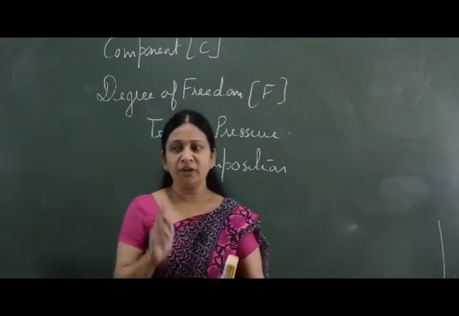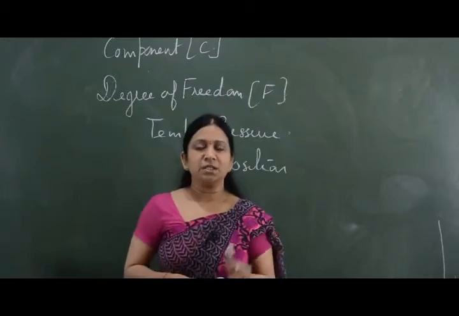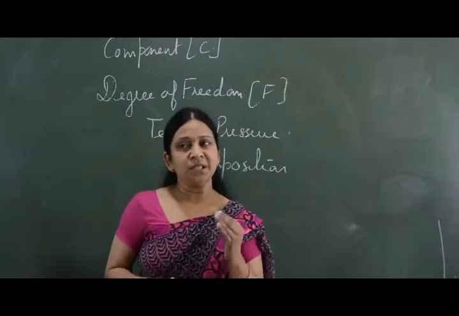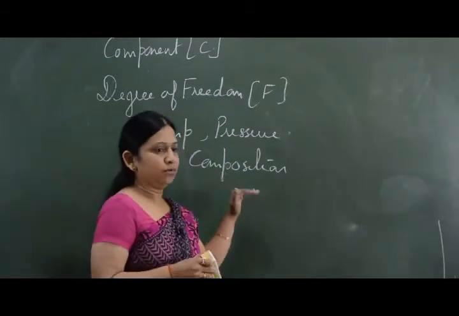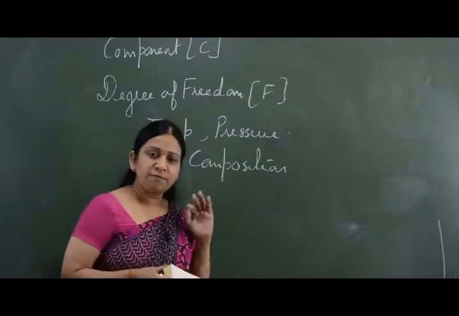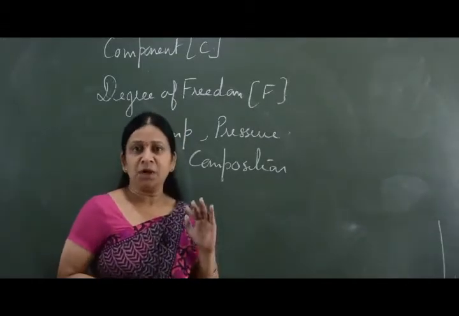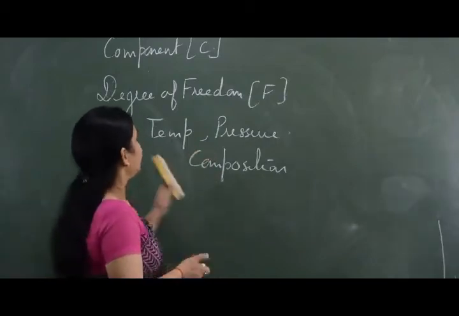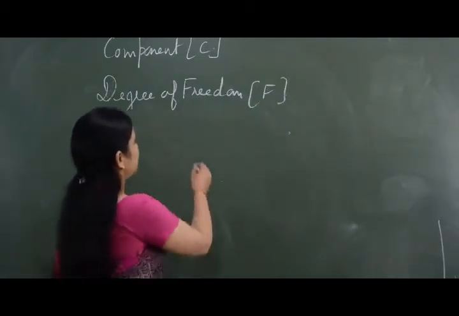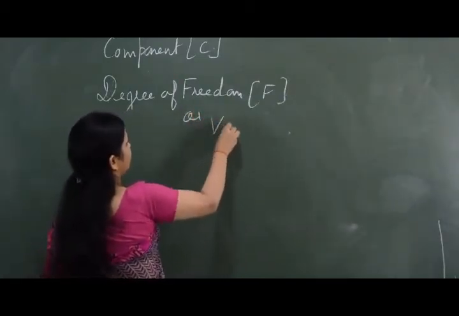So degree of freedom, denoted by F, is the number of independent variables like temperature, pressure and composition which should be specified to define a system completely. That is degree of freedom. This degree of freedom is also known as variance.